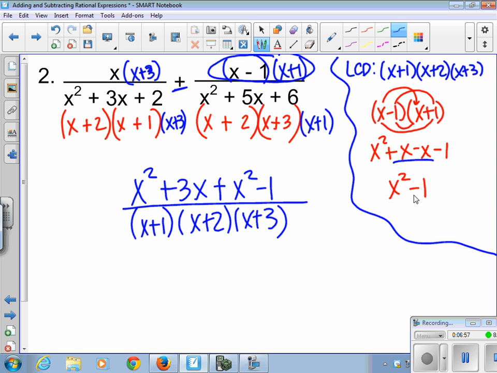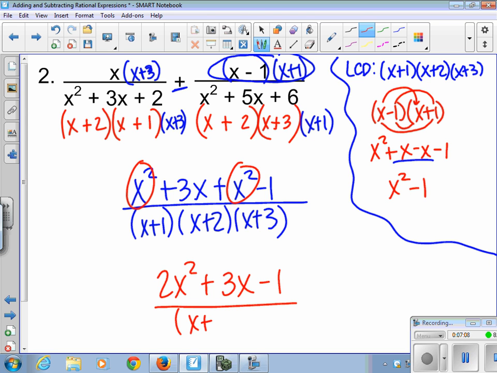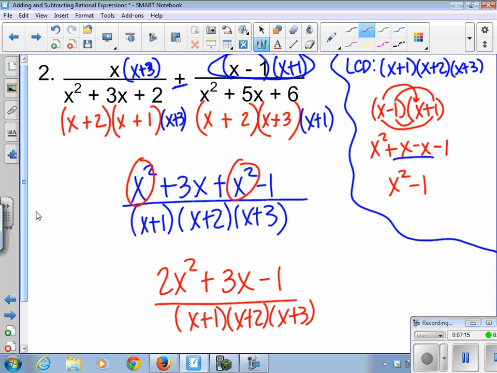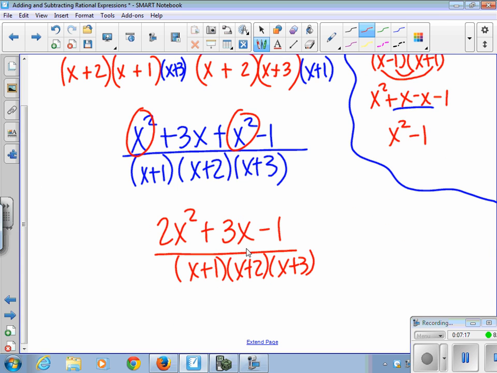And so then I'm just going to combine like terms. So I'm going to combine my x squareds. That's going to give me 2x squared plus 3x minus 1 over x plus 1, x plus 2, x plus 3. Now, I would try to factor this if at all possible. So I'm going to look at just attempting to backwards FOIL it, because I would want to backwards FOIL this to see if it would cancel out some of these factors in the bottom.